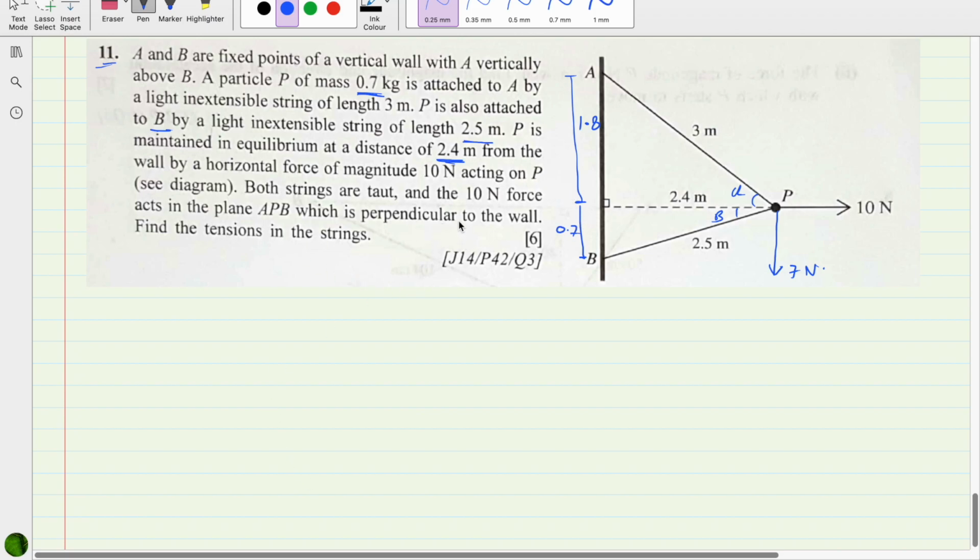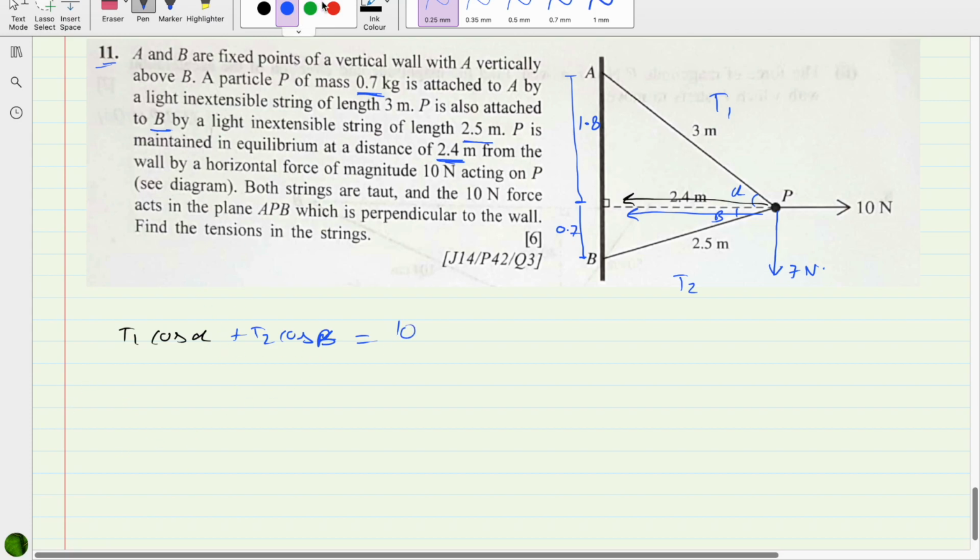And in order to find the tension, let's say this is T1 and this is T2. If I resolve T1 in horizontal direction, that is towards left, this will be T1 cos alpha. Again resolving T2, that is towards left, is T2 cos beta, equal to the only force towards right, that is 10 newtons.